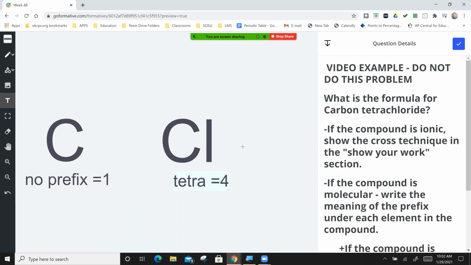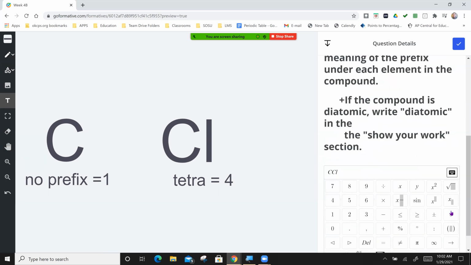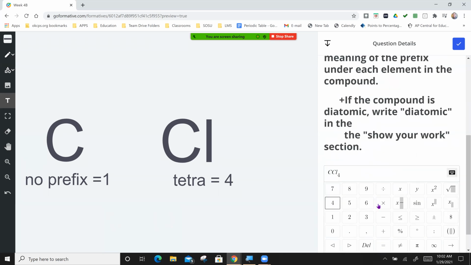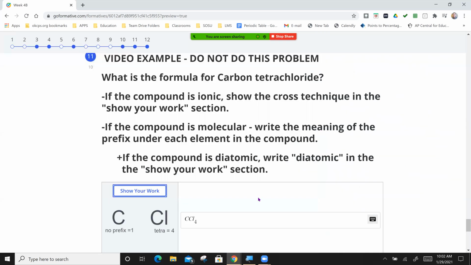All right, so go find that on the molecule prefix chart. And that's all you have to do there, and then type in your answer. You said carbon, no prefix equals 1, so that means there's 1 carbon. And then chlorine, tetra equals 4, Cl. And then you're going to put a subscript of 4. And then you're done there. And that one is easy.